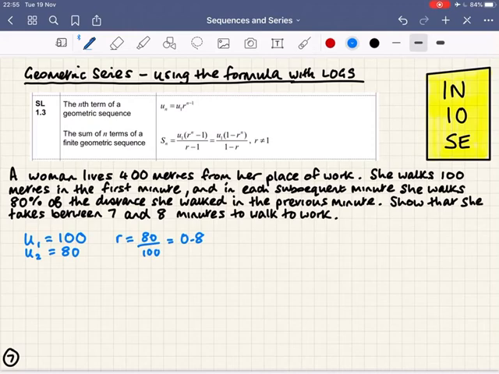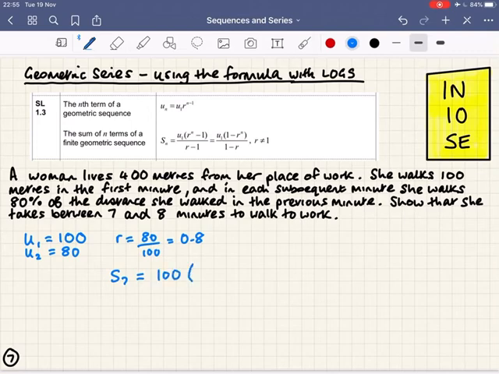So we can now work out, because we've got R and U1, how much she would have walked in 7 minutes and how much she would have walked in 8 minutes. And we can hopefully prove that she will have arrived somewhere between those two times in her workplace, which is 400 metres. So the sum of 7 terms is equal to 100, because that's my value of U1.